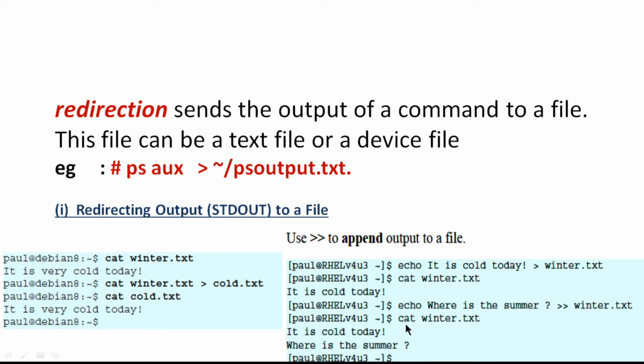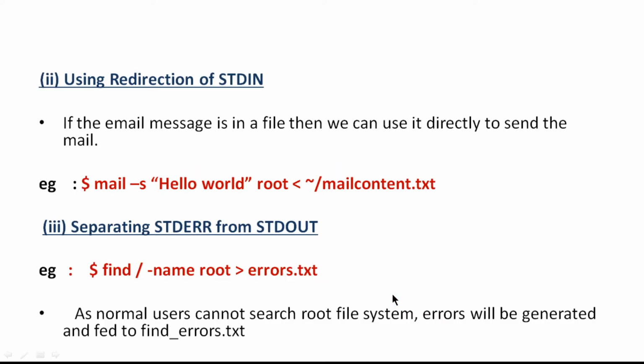You can check here again, I have displayed the content of winter.txt using cat winter.txt. The content was already there, it is cold today, and you can see the content where is the summer is also added to that file now. This acts as a redirection operator which appends the content to the file.